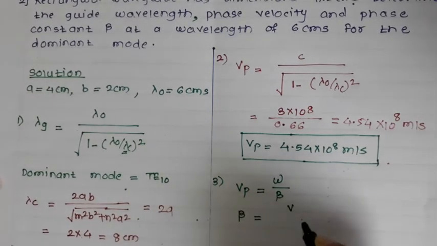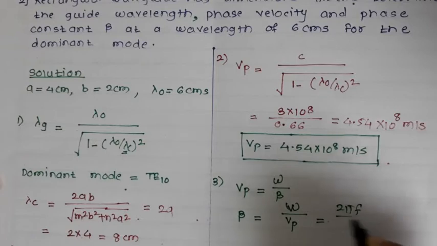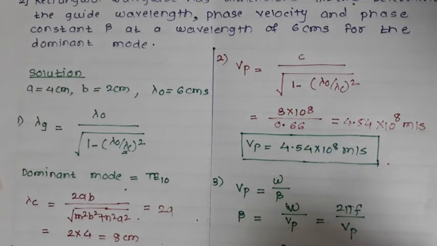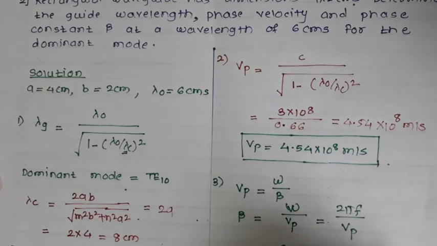It will become omega by Vp, and you know omega is 2 pi f. So what is 2 pi? That is 3.14. F is the frequency, which we have already calculated over here, for the 6 centimeter wavelength. Now we need to calculate the f, and phase velocity is 4.54 into 10 raised to 8.